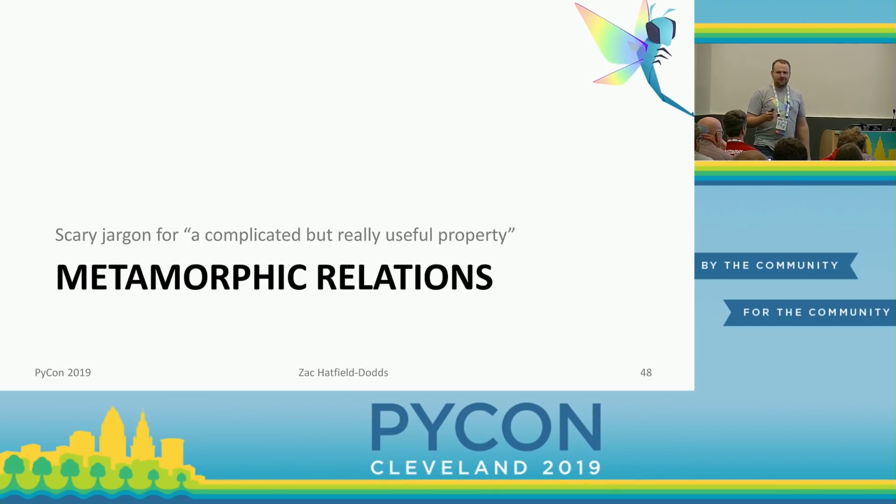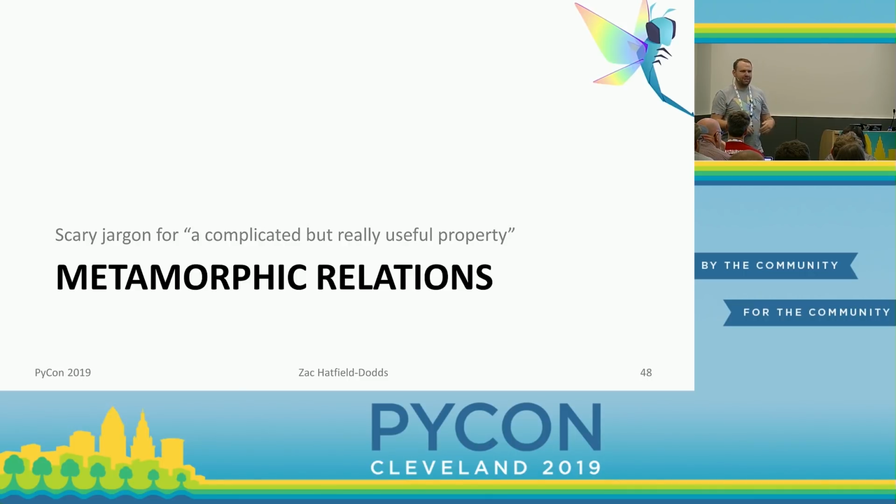I mentioned before the phrase metamorphic relations. This was coined by an academic who wanted papers out of his title. Metamorphic relation means a property where you don't know how the input is related to the output, but you know that given two inputs with some relation, you have some idea of what the relation between the outputs will be. So this could be if you take the mean of a list of any numbers, and then you add the mean to that list, you know that you should get the same mean, right?